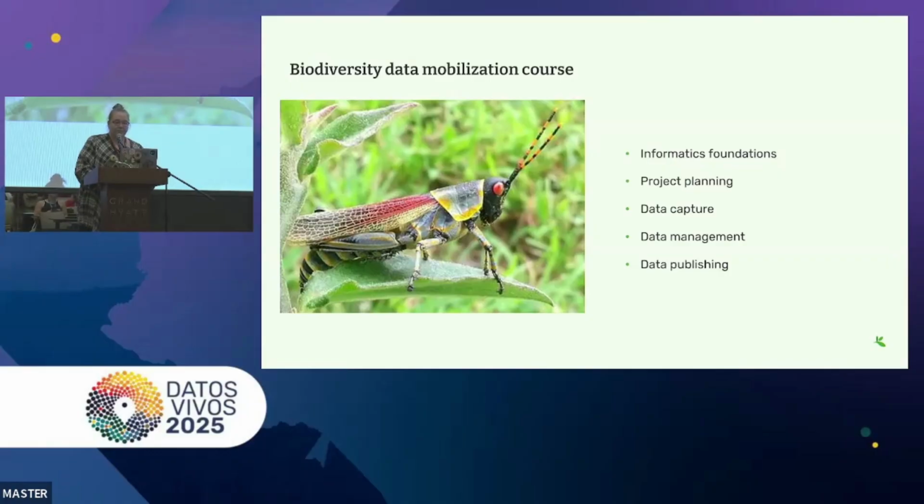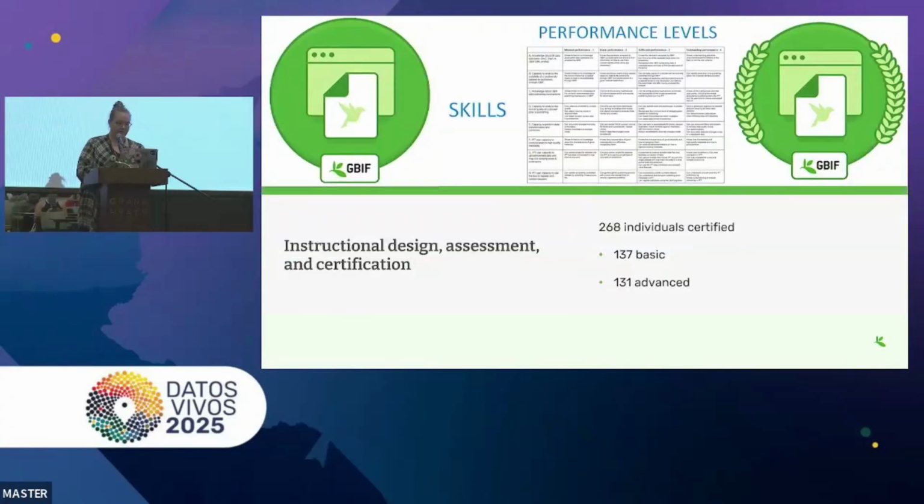A team of experts from within the community was invited to share their expert knowledge to help instruct others how to mobilize data. The team chose to develop the content in 5 areas, and these included informatics foundations, project planning, data capture, data management, and data publishing.